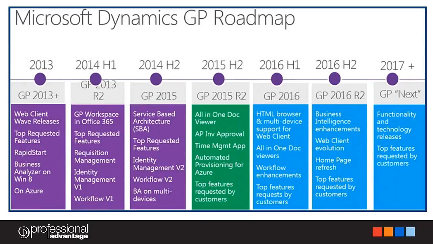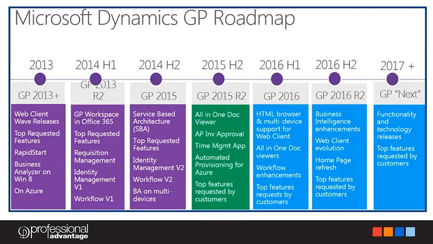So the future for GP is already planned out from a Microsoft perspective, and timing in terms of release is already planned. But we also understand and recognise that not every client is on the most recent version, and may be coming from a few versions behind. 2010 and 2013 are reasonably common versions in terms of where clients are right now.